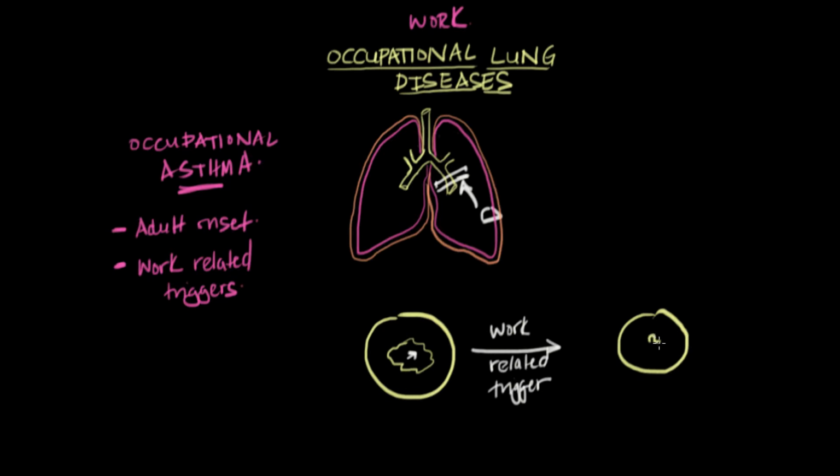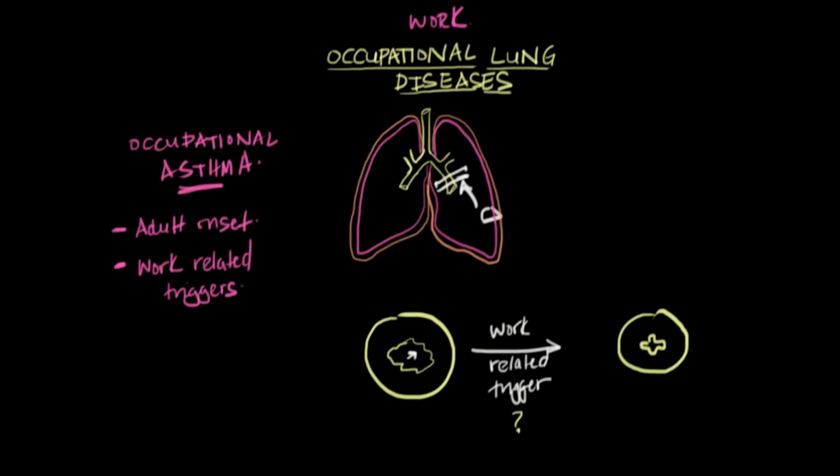And secondly, the lumen of the airway becomes smaller as well. And just looking at this very plain and simplistic diagram, you can see that trying to breathe through this airway is much more difficult than trying to breathe through a normal airway. And this is what accounts for the symptoms of asthma.